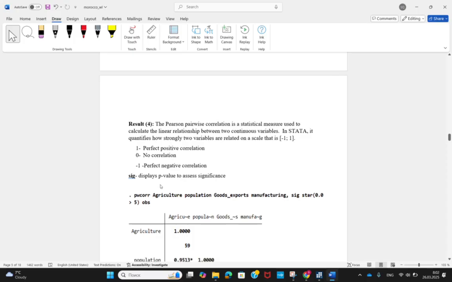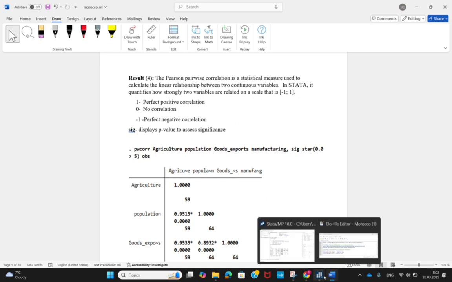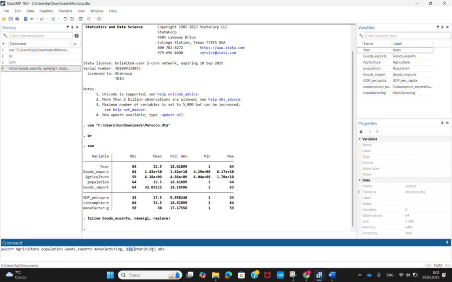And what is p-value? P-value should be less than 0.05. If sig is less than 0.05, put star. I'm saying that put star.